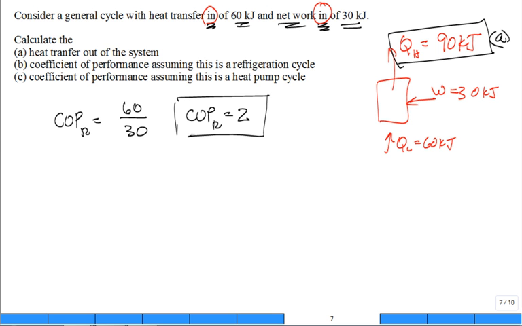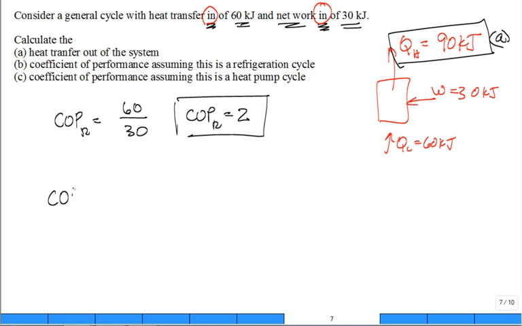Notice that the efficiency of a heat engine for a power cycle is between 0 and 100%. But coefficient of performance, you can have 2. You wouldn't typically put 200%, but you could write it as that. It typically is greater than 1. It doesn't have to be. It can be lower than 1, but it can be greater than 1.